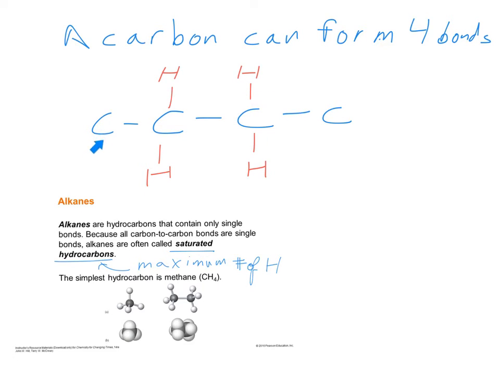These terminal carbons can bond not only 2 hydrogens, but they can also bond 1 additional hydrogen because they don't have a rest of the molecule to go to. They're only using 1 of their 4 bonds to participate in the chain.